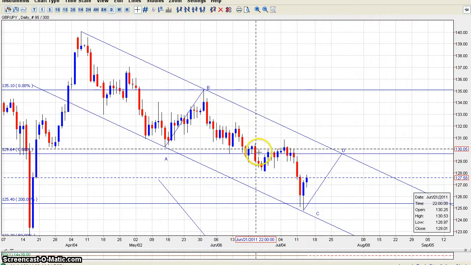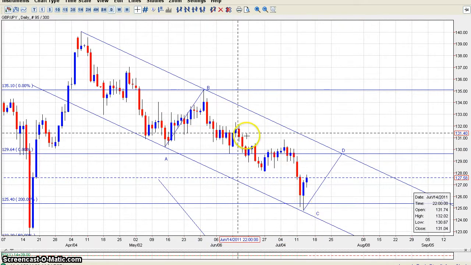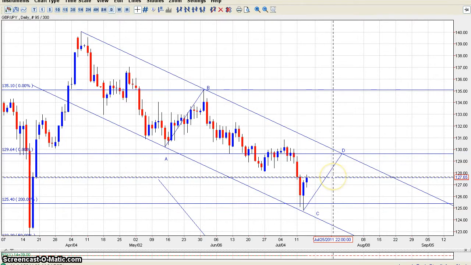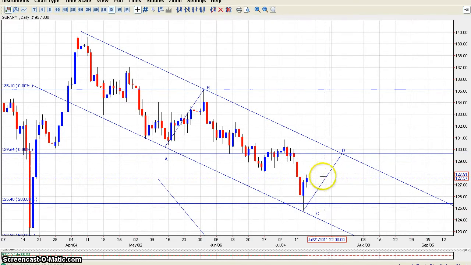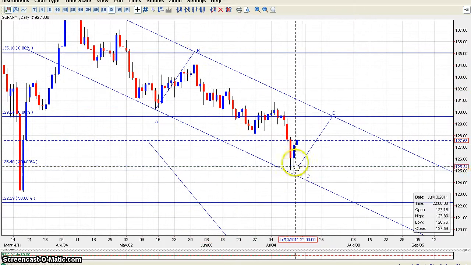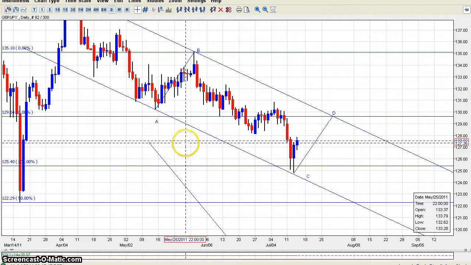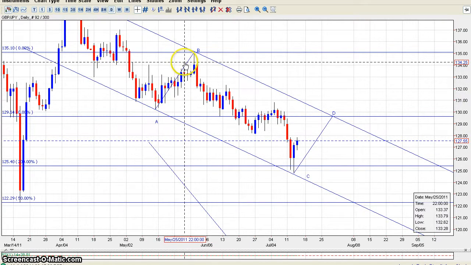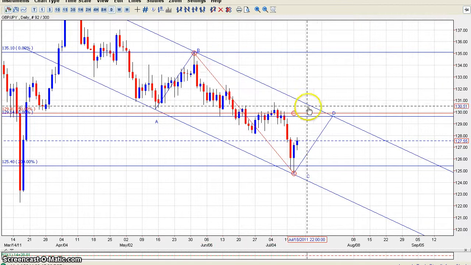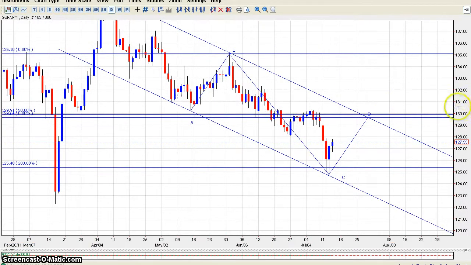If that was a 1.41 Fibonacci extension of the AB leg, then the D point will be a 70.7 Fibonacci retracement of the BC leg. Anyway, in this instance, it is 200%, so the D point should ideally be 50% of that. So if I do 50% of the BC leg, it's that level there, which is 129.1.